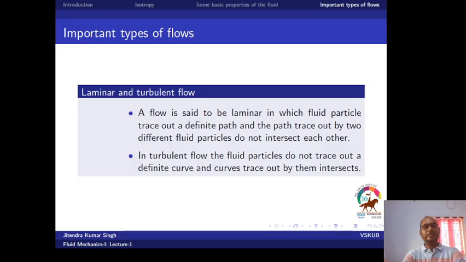While in turbulent flow, the fluid particles do not trace out a definite path. They trace out a zigzag path, and the paths traced out by them will intersect. The flow we see in a canal, rain water flow, or the flow coming from a tap are all examples of turbulent flows.